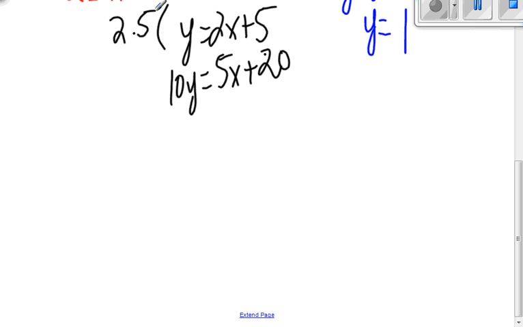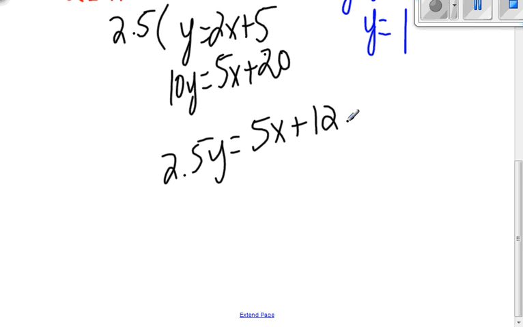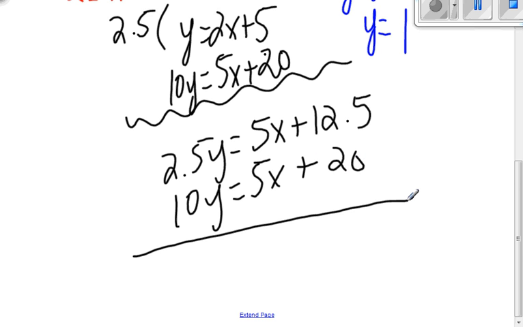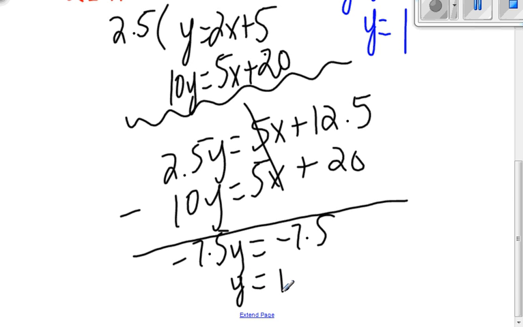So that's 2.5y equals 5x plus 12.5, and 10y equals 5x plus 20. You want to keep these separated so you don't mess up. Then we need to subtract. Negative 7.5y equals negative 7.5. y equals 1, just like what we said.